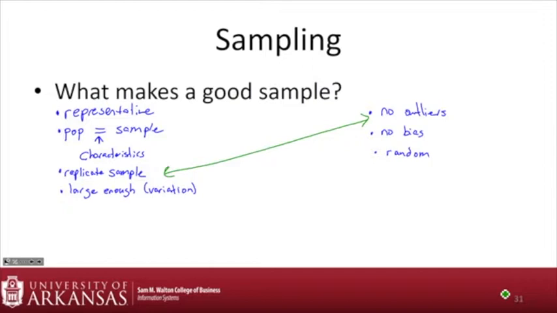Will bias get into your data sets from a respondent perspective? If I threw out a political question, you inherently are going to bring your personal bias to the answer of that question.